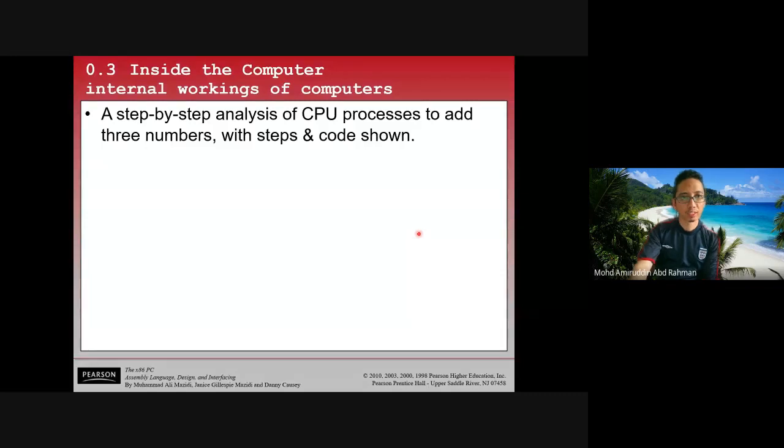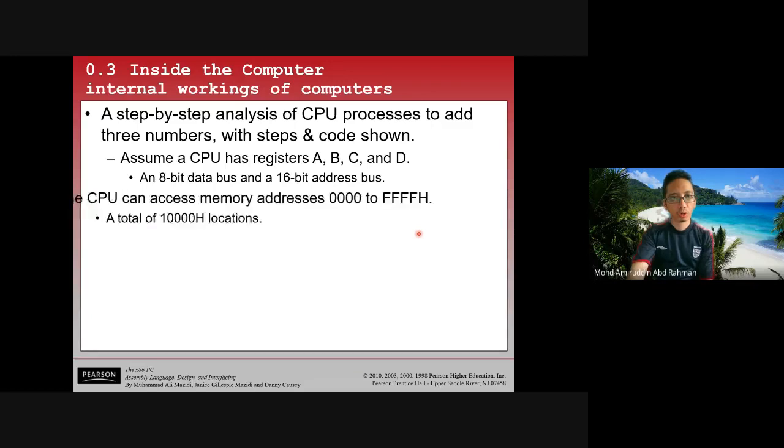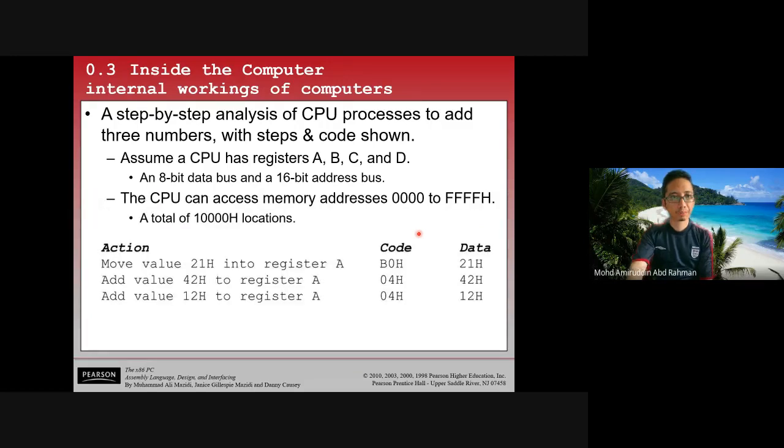A step-by-step analysis of CPU processes to add three numbers, with steps and code shown. For example, the CPU has registers A, B, C, and D. We have an 8-bit data bus and a 16-bit address bus.